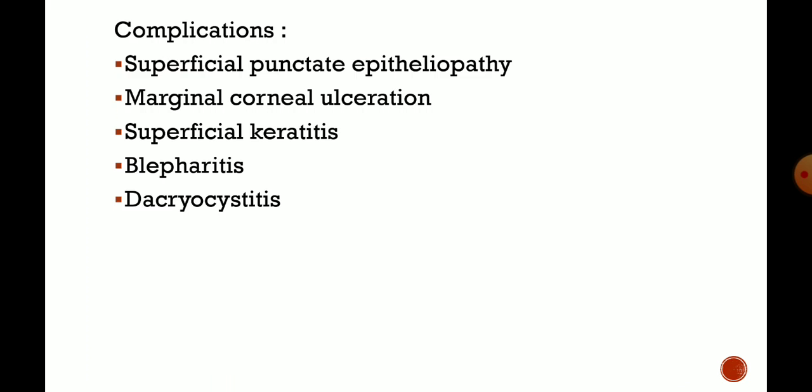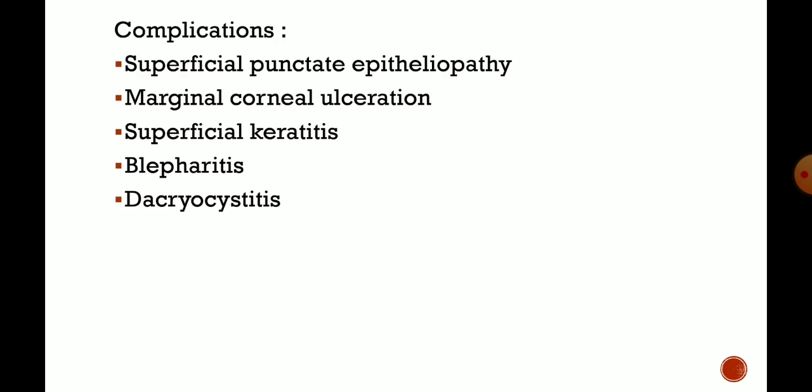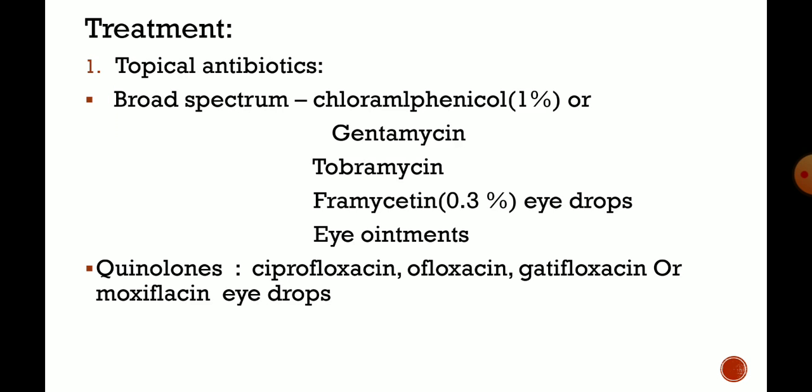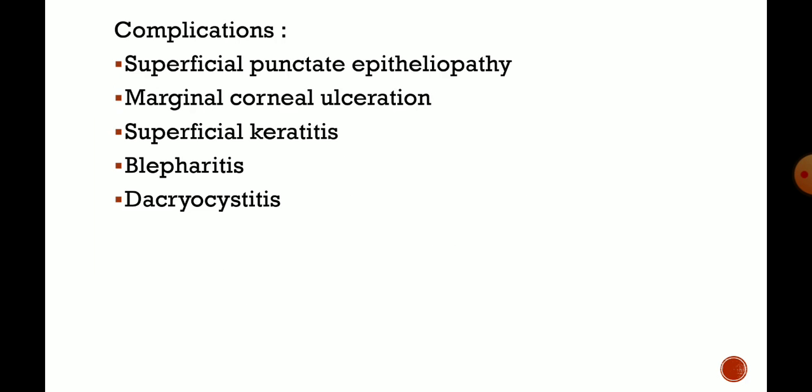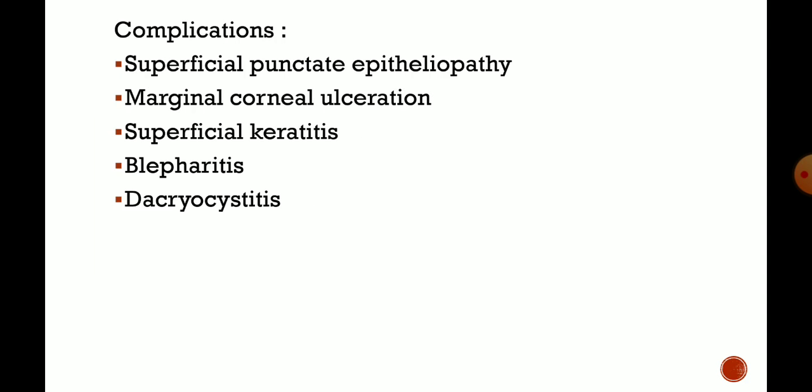You can see flakes of pus and matted lashes in this picture. It can lead to infections: blepharitis, dacryocystitis, keratitis, corneal ulceration, superficial punctate epitheliopathy, meaning superficial punctate epithelial keratitis.